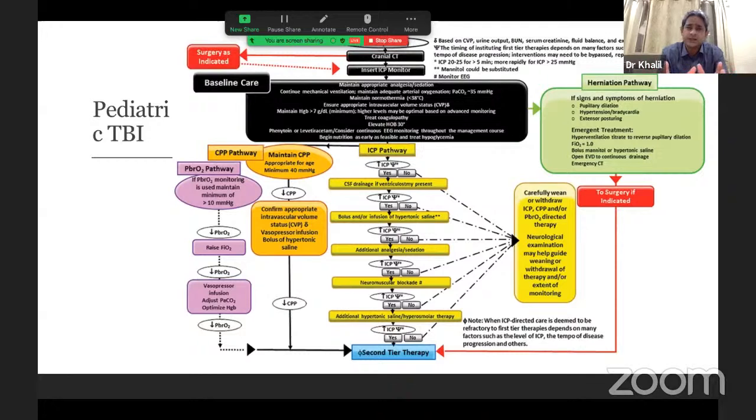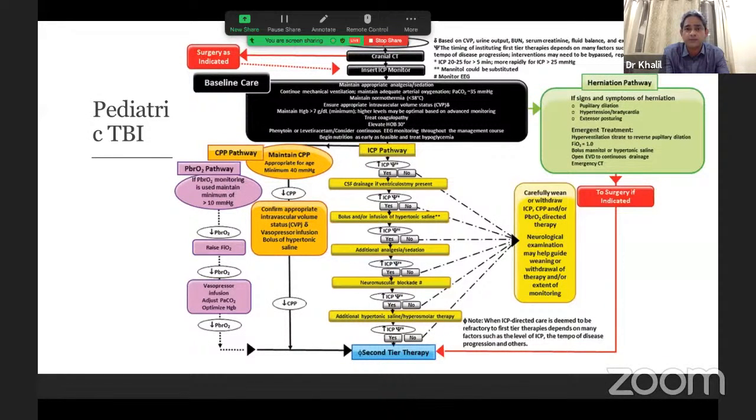Now you can see there are three pathways for management of these children. One is the ICP pathway, the other is the CPP pathway, the third is the herniation pathway. Now, coming to the middle portion of this slide, the ICP pathway. If the ICP is high, you need to go for CSF drainage if you have an extraventricular device or a ventriculostomy.